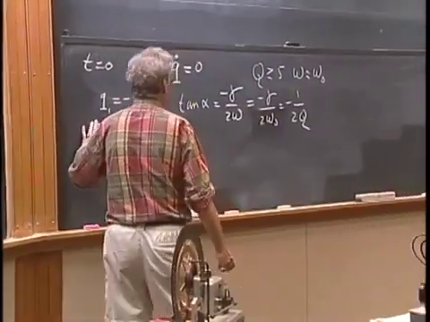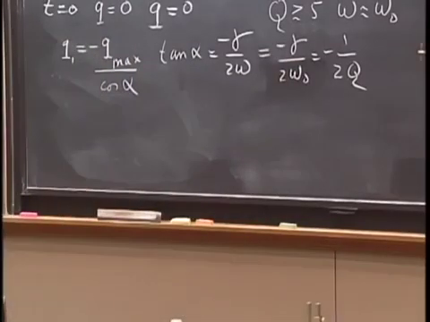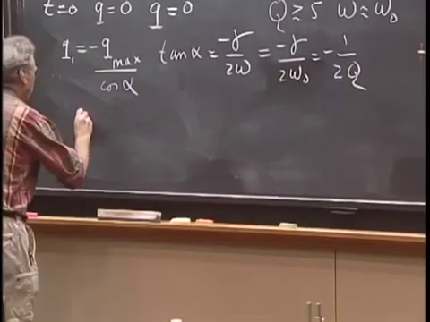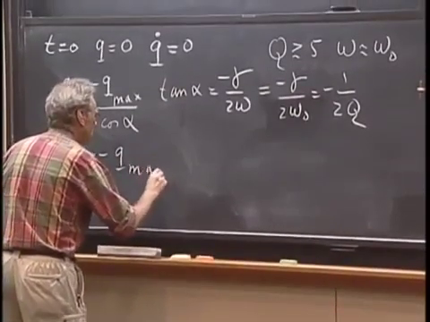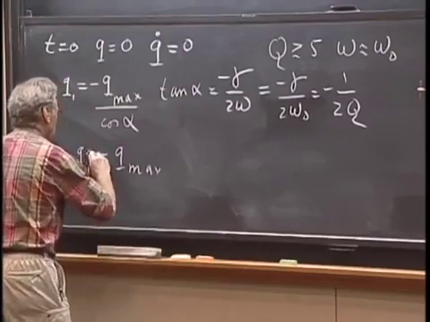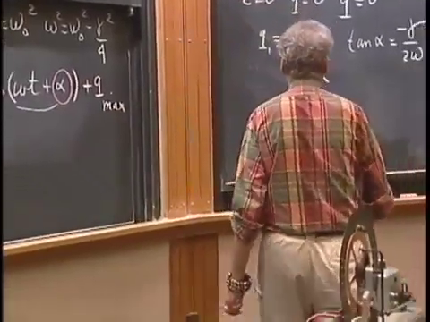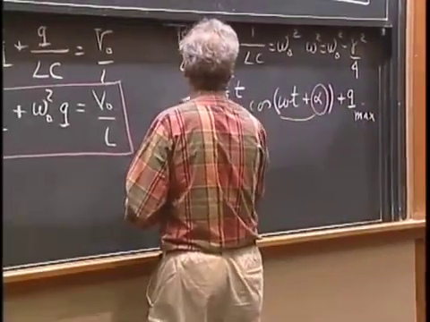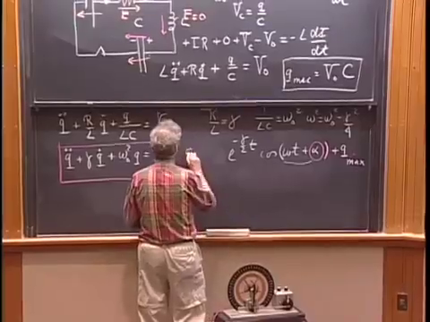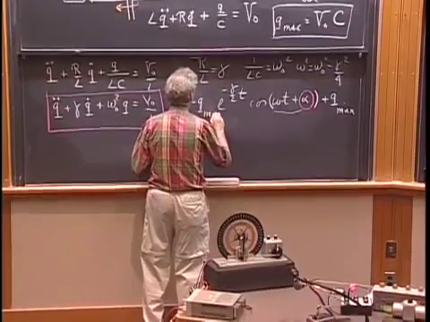So therefore, for all systems whereby Q is not absurdly low, you can say that Q1 equals minus Qmax. And I'll put here a wiggle, but it's an extremely good approximation. And so therefore, my solution here can now be changed by simply replacing the Q1 by minus Qmax.